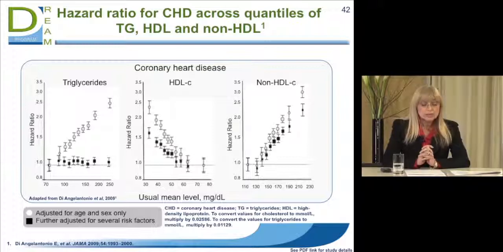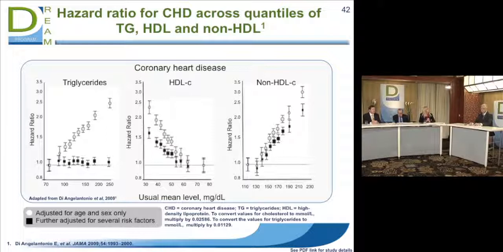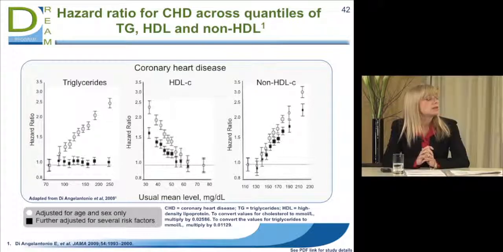Now, atherogenic dyslipidemia is quite commonly seen in insulin-resistant states, such as diabetes, metabolic syndrome, or obesity. And it is characterized by increased triglycerides, low HDL, and small dense LDL particles, which are more atherogenic.